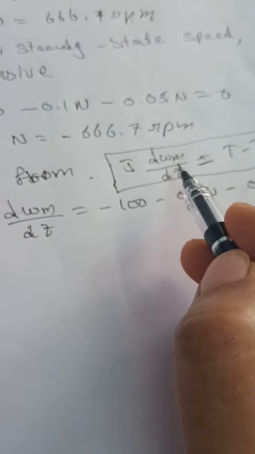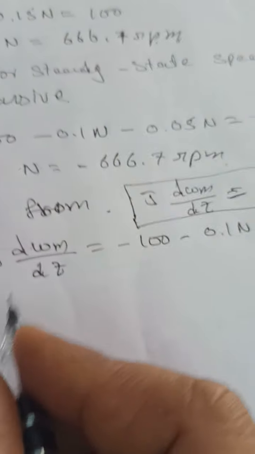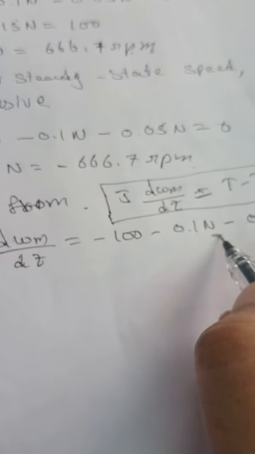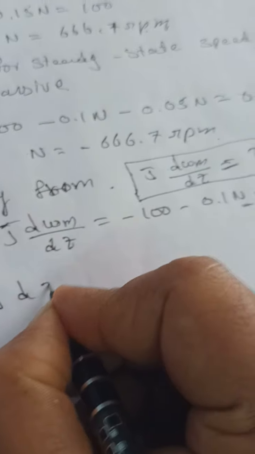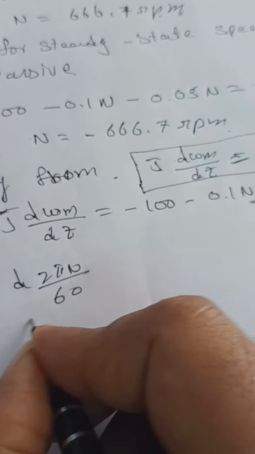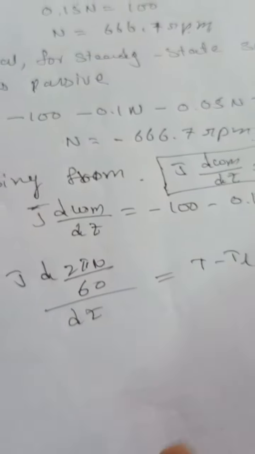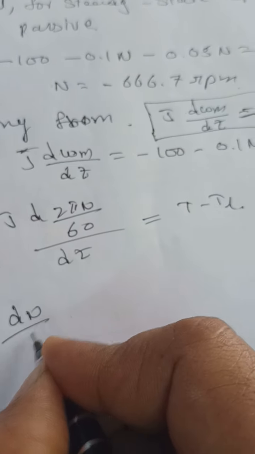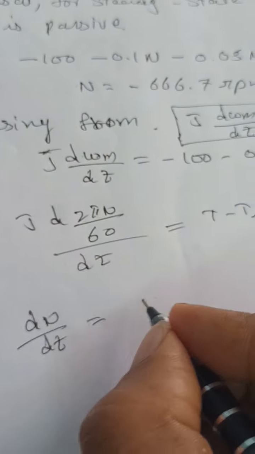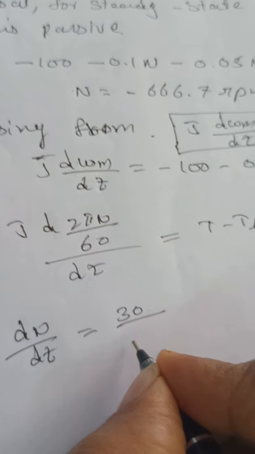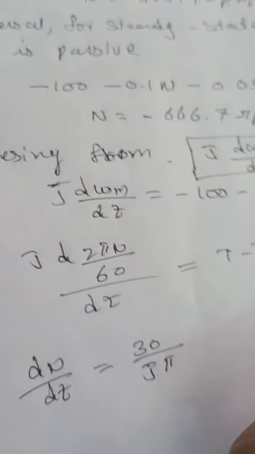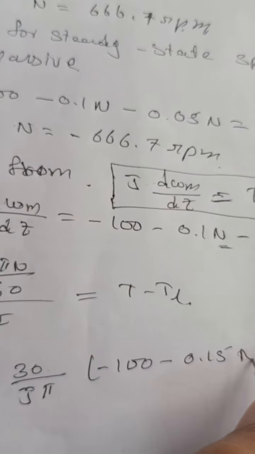Here ω is in radians per second, but we know the speed is in rpm. So converting from radians to rpm, you get J d(2πn/60)/dt = T - TL. From that, dn/dt = 30/(Jπ) × (-100 - 0.15n).